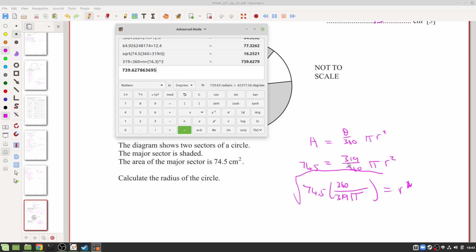See, that's a problem. 739. What did we do wrong here?